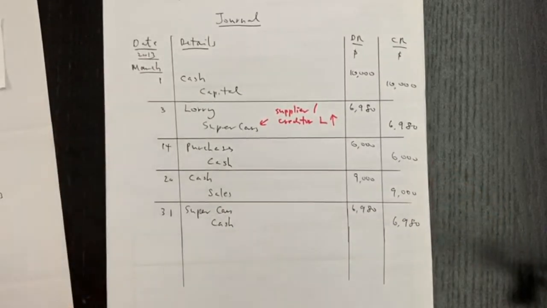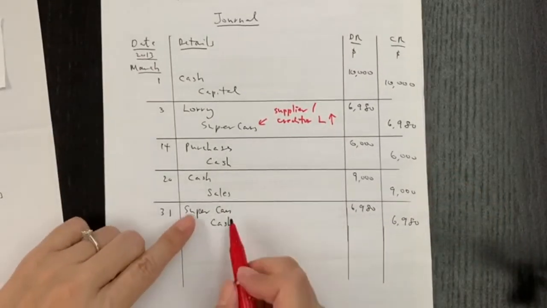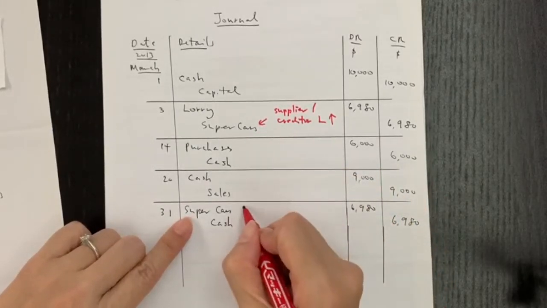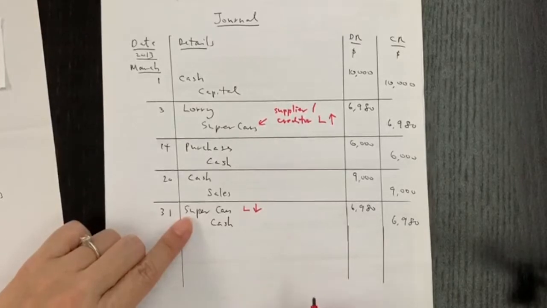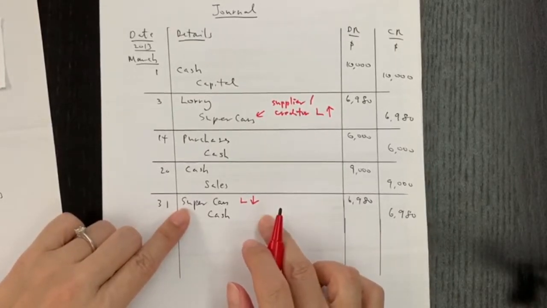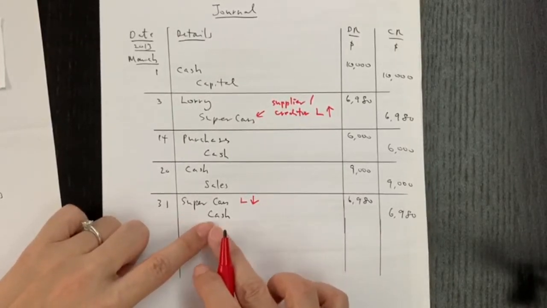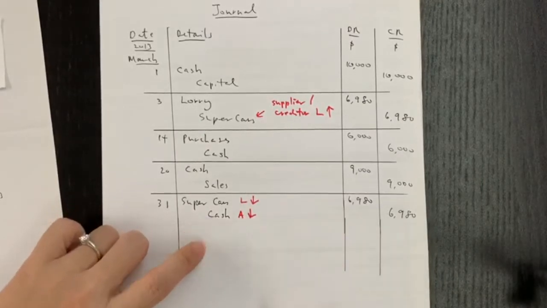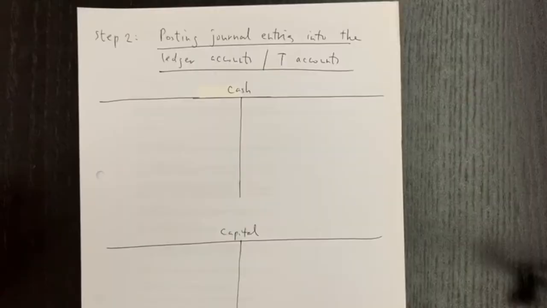So what is the meaning of that? Here we have Supercar. If we debit Supercar, liability is going down, right? Why do we owe less money to Supercar? Because we pay cash. Pay cash, credit cash, which is an asset, means we have less cash in the business.